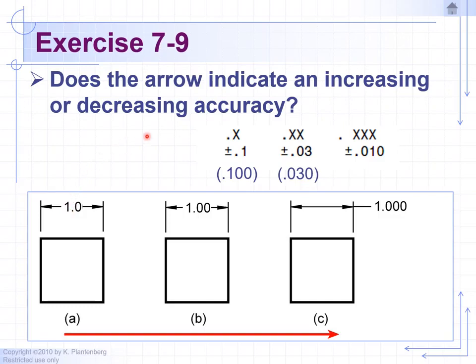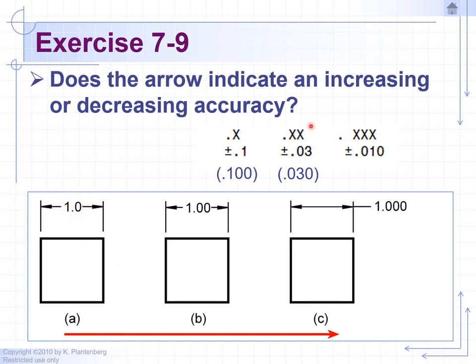So with 1.0, you're telling the machinist, okay, 1 decimal place, I can be off by 0.1, which is 100 thou, 0.100. Okay, so 100 thousandths, that's the thickness of a compact disc, or I should say 2 compact discs. A compact disc for music has a thickness of 0.050. Okay, so you can be less accurate with this one.